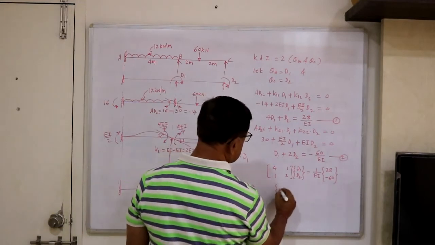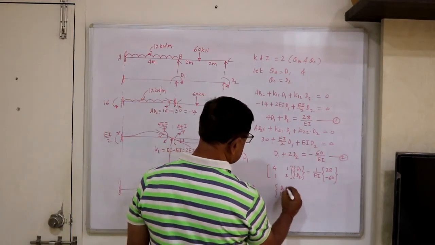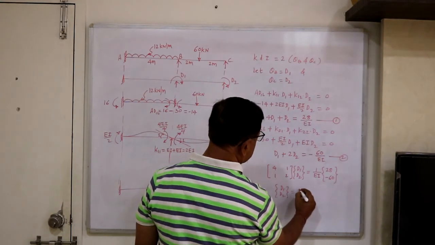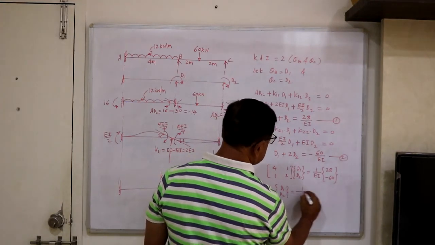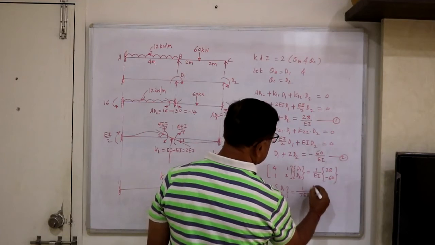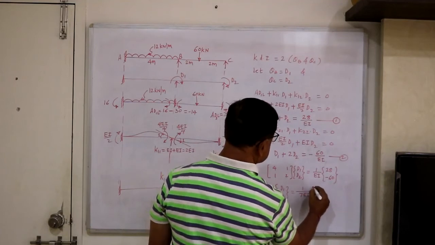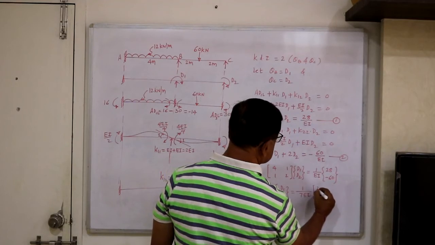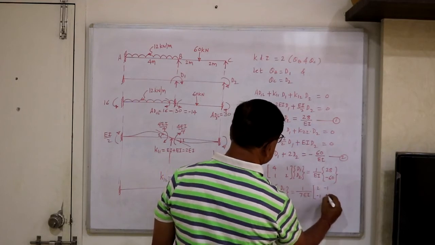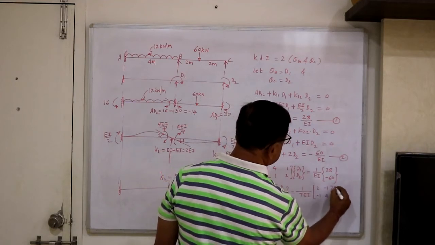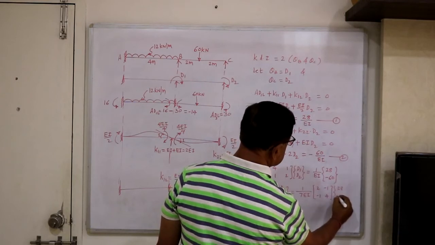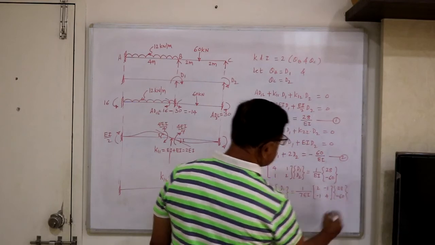So D1, D2 equal to 1 divided by determinant, it's 7 EI, and this is matrix 2, minus 1, minus 1, 4, and this is 28, minus 60.